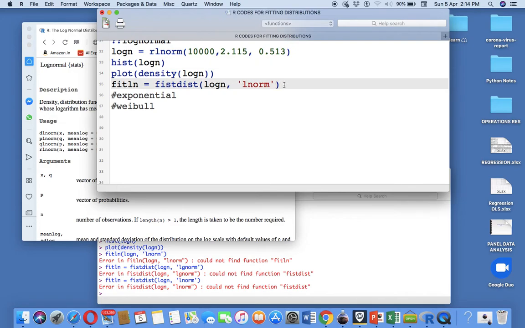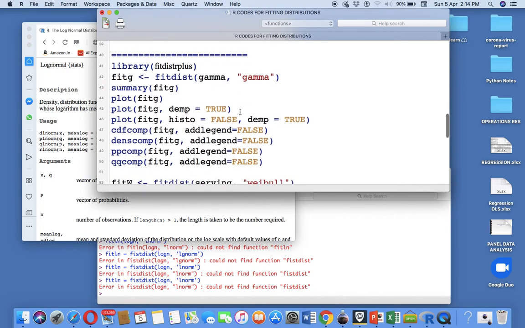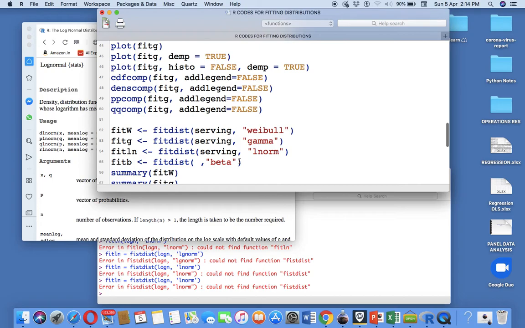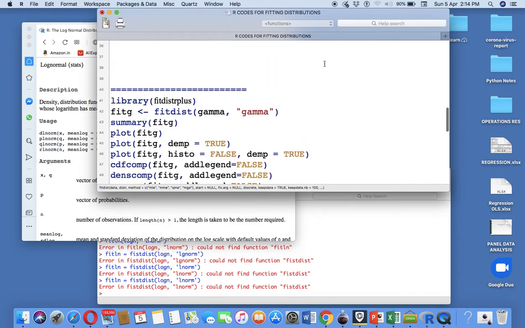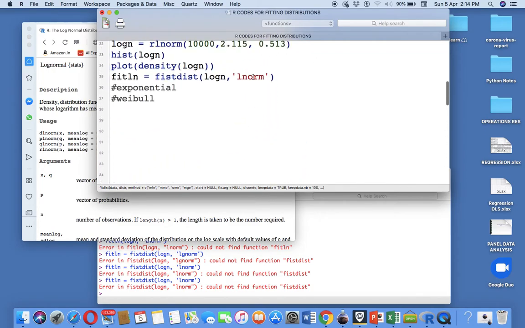That's correct. So the thing is lognorm, LNORM. Okay, there's a little problem with that. I will come to that later.